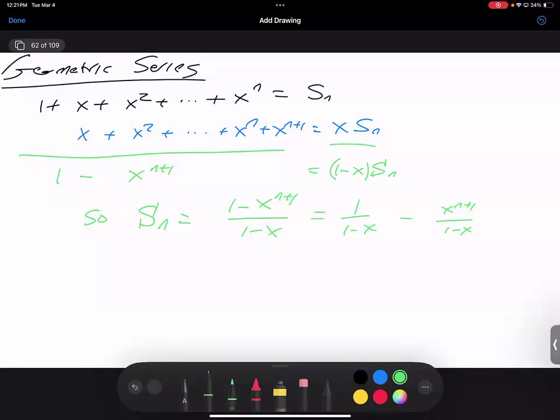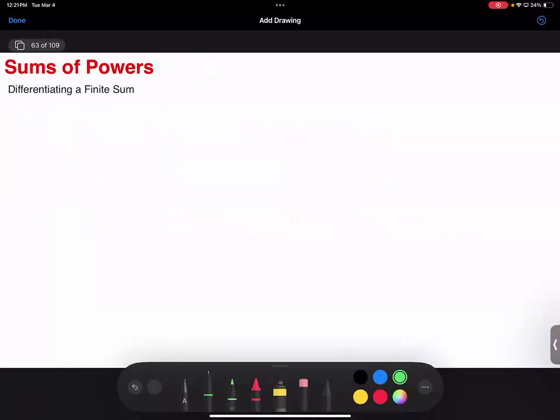Everybody's comfortable with geometric series. Okay. What I want to do is differentiate, and I want to switch the order of a derivative and a sum. Should you be worried? Yeah, right? When is the one time I can easily interchange a derivative and a sum? Finite sum.